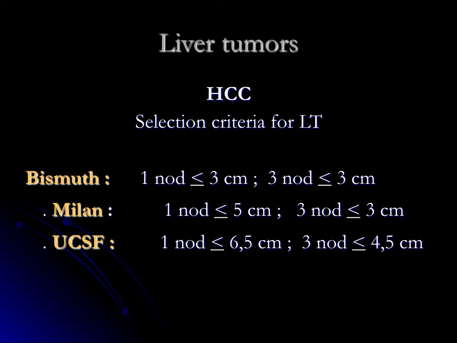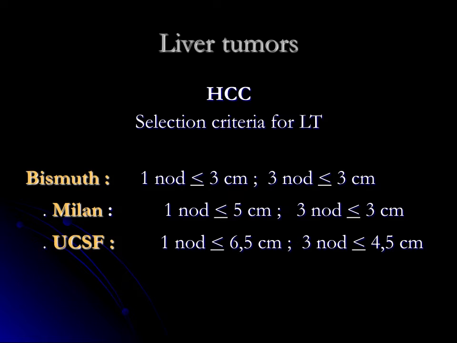We call it the Milan criteria. The Milan criteria includes the patient with a single nodule 5 centimeters or less, or 3 nodules 3 centimeters or less.